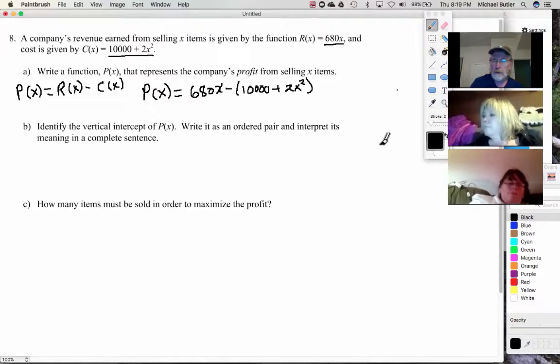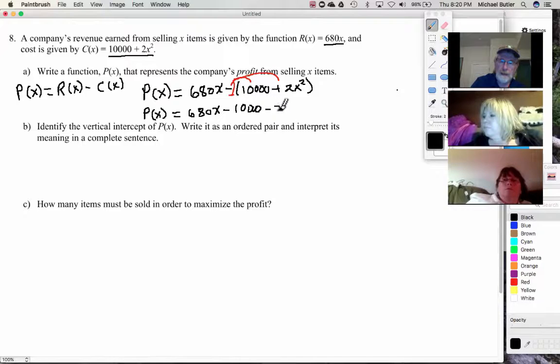If you forget those parentheses, you're not going to get the right function for P of X, because you need to remember that what that negative out front is really doing, that's a -1. We're going to distribute that -1 to clear the parentheses here. And so when we do that, our newfound friend P of X is going to be equal to 680x minus 10,000 minus 2x squared.